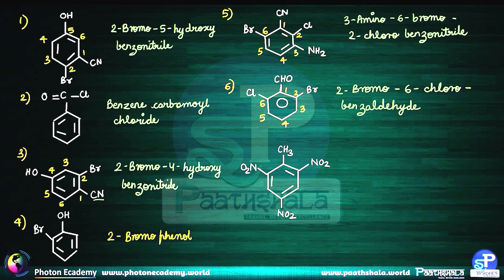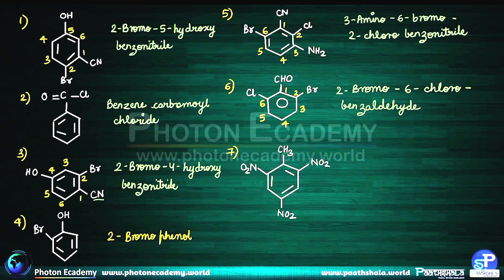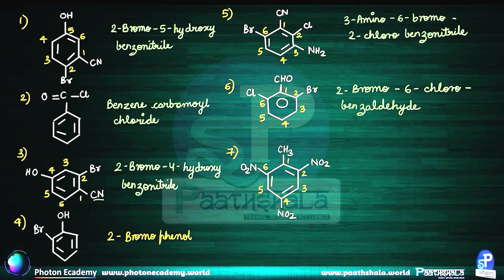In the last one that we have over here, we see the appearance of 3 NO2 groups along with a CH3 attached to it. Therefore, the name that we write for this is, here we take this as 1, 2, 3, 4, 5, and 6, and we treat this NO2 as substituents and the CH3 as the main chain with the benzene.